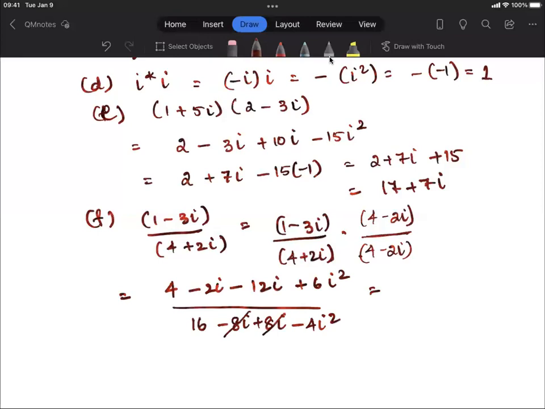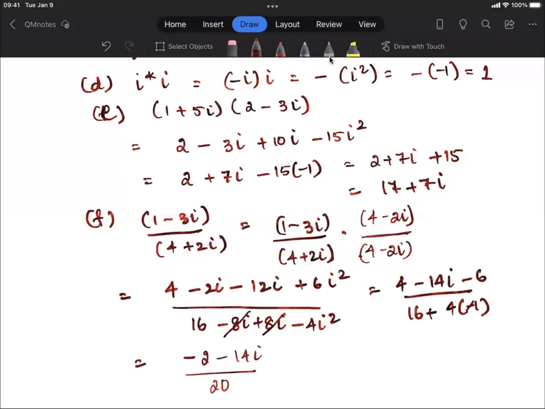And here you have 4 minus 14i. i squared is -1, so we have -6 divided by 16 minus i squared is -1, so 4 times -1. It's going to be 16 plus 4. So in the numerator, you have -2 minus 14i divided by 16 plus 4, it's 20.